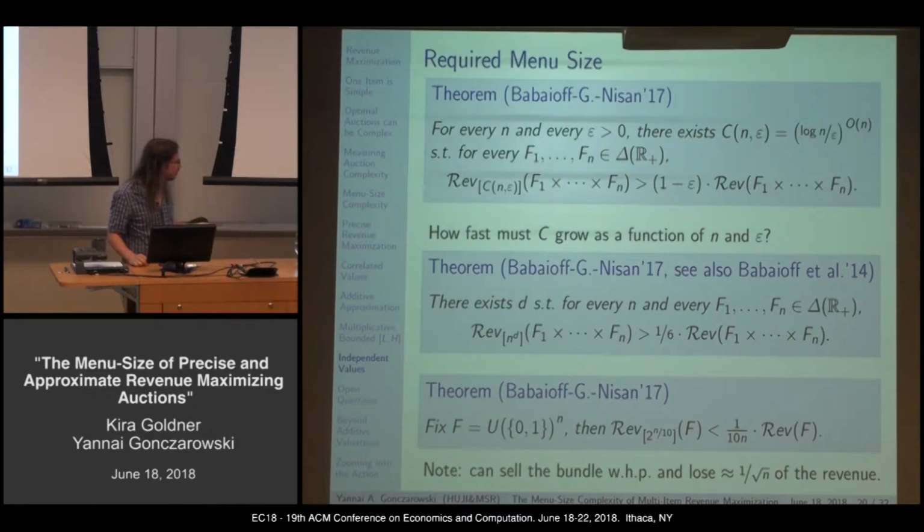So if we are willing to lose 1 over square root n of the revenue, we can do this using a single menu entry. We just take the bundle of everything, we price this by n over 2 times 1 over square root of n. We sell with high probability, we get the optimal revenue up to a factor of 1 over square root n.